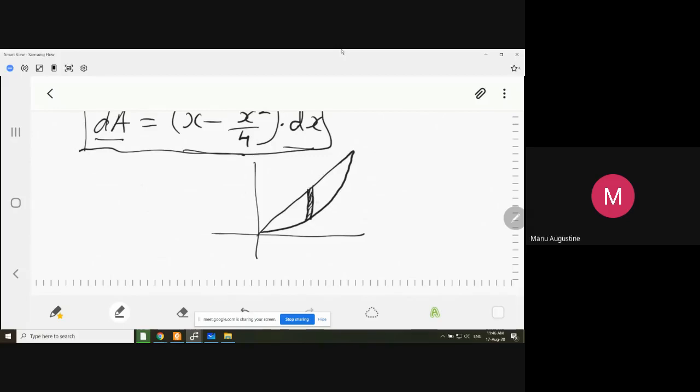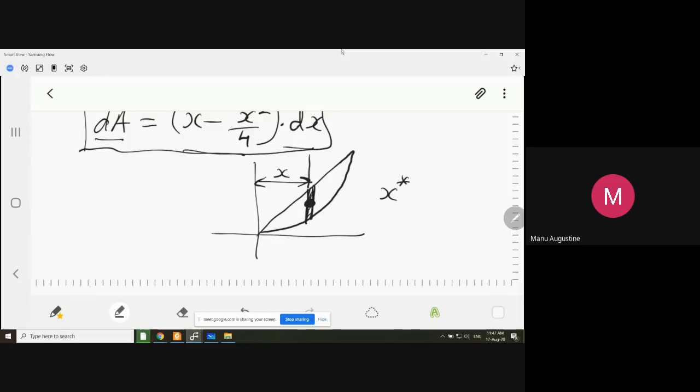The centroid will be located at the center of this rectangle. We are talking about the centroid of the small rectangle only, not the centroid of the complete area. The centroid of the small rectangle is somewhere around here. And if the distance at which you have taken the strip is x, what is the location of x star?